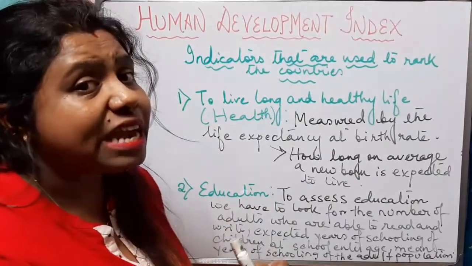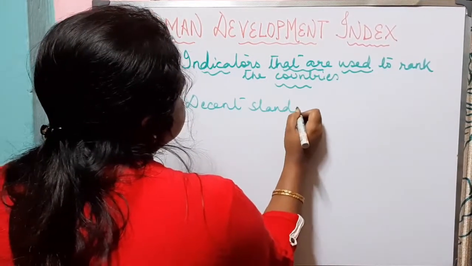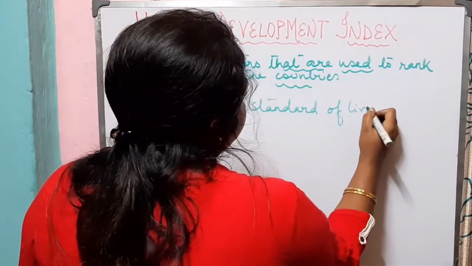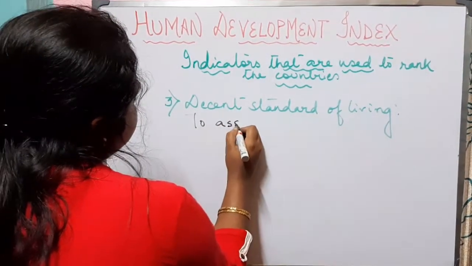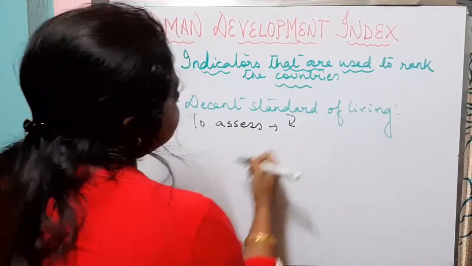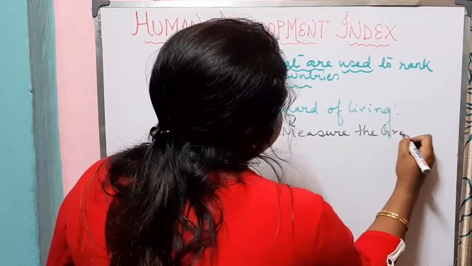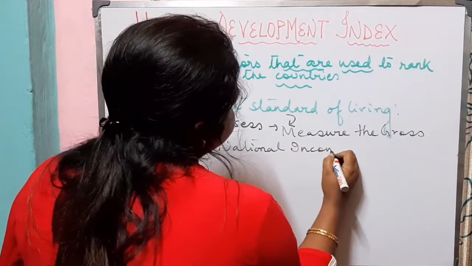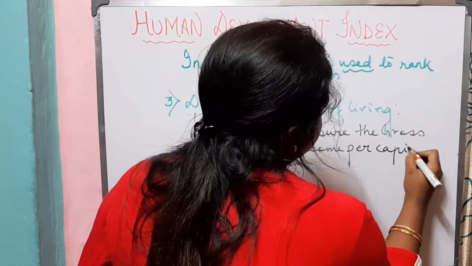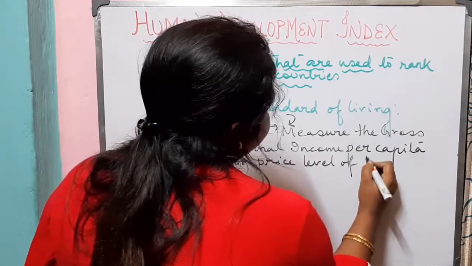Now let us move ahead with the next key area of human development. The next key area in human development is a decent standard of living. Now, to assess a decent standard of living, what do we do? We measure the gross national income per capita for the price level of the country.